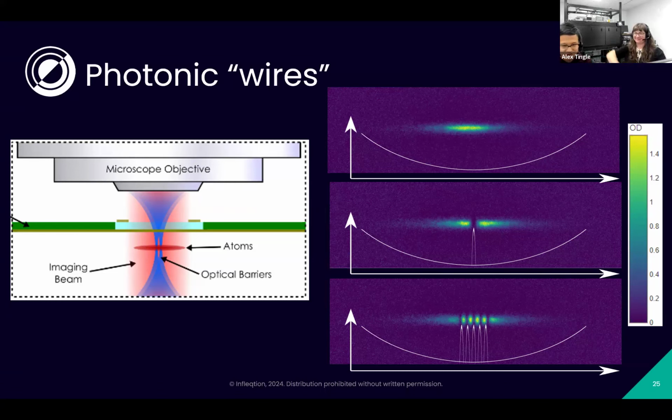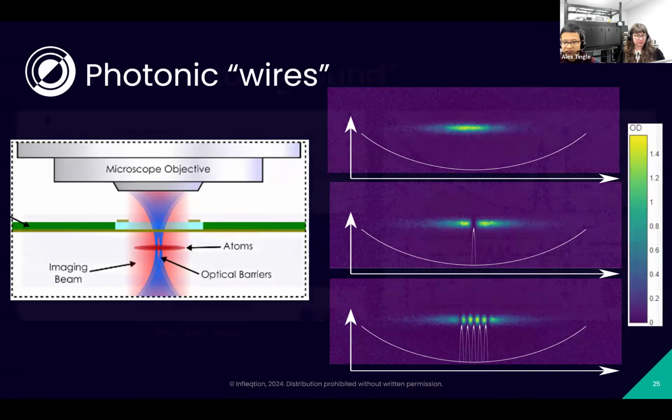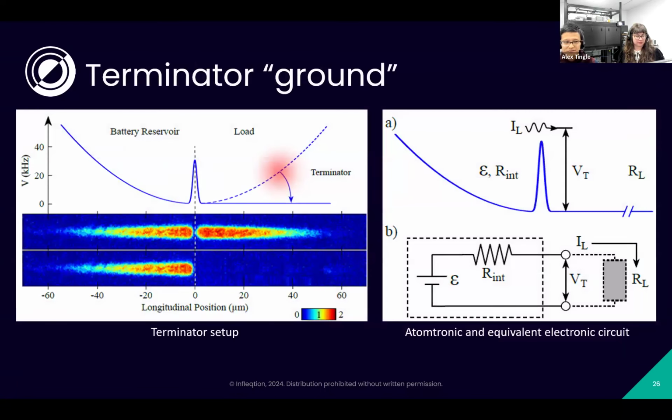Furthermore, as we mentioned earlier, a completely arbitrary painted landscape can be applied for more complex manipulations, and this enables precise control of atomtronic circuits and devices.